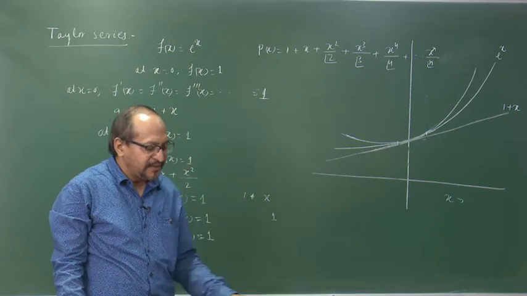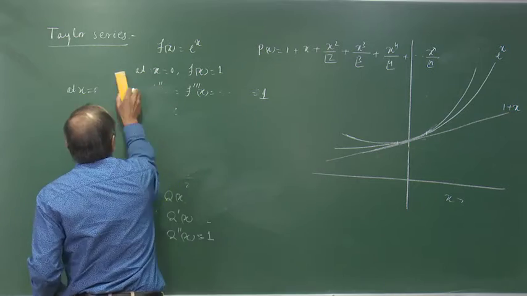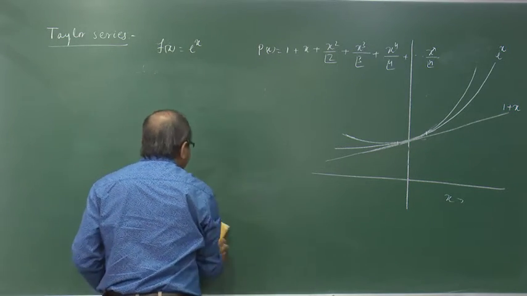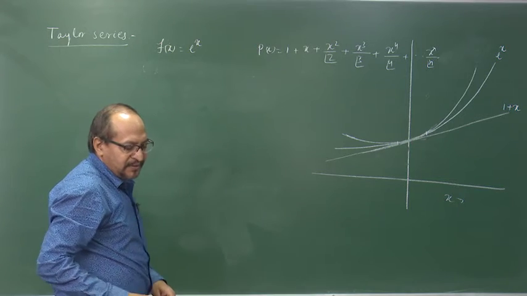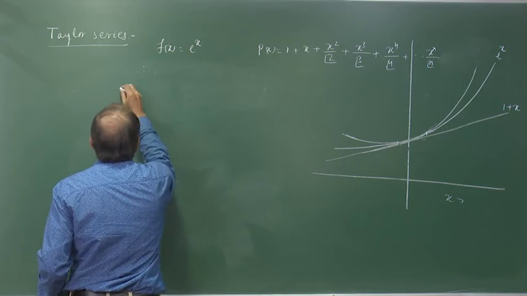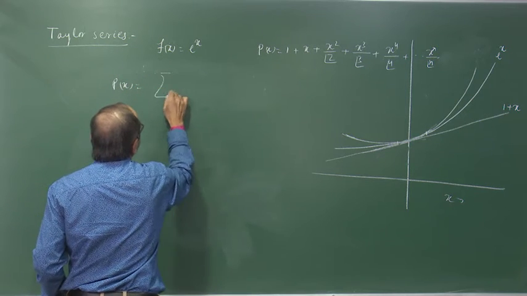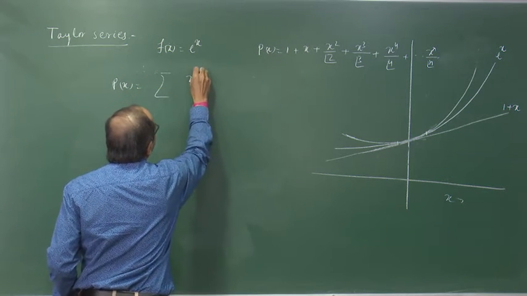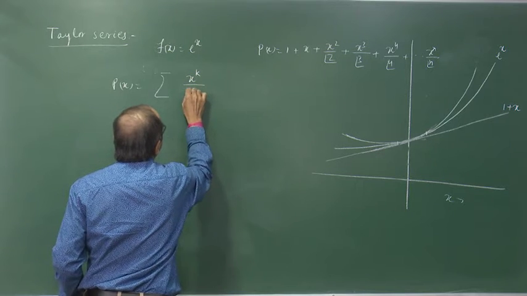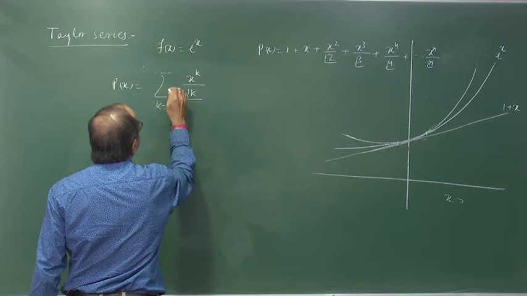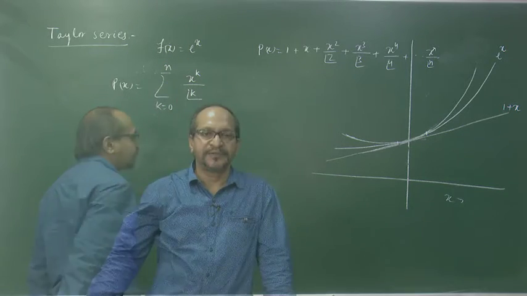Therefore, in general, our polynomial approximation to this function e to the power x will take the form p of x equals summation x to the power k by k factorial, k goes from 0 to n.